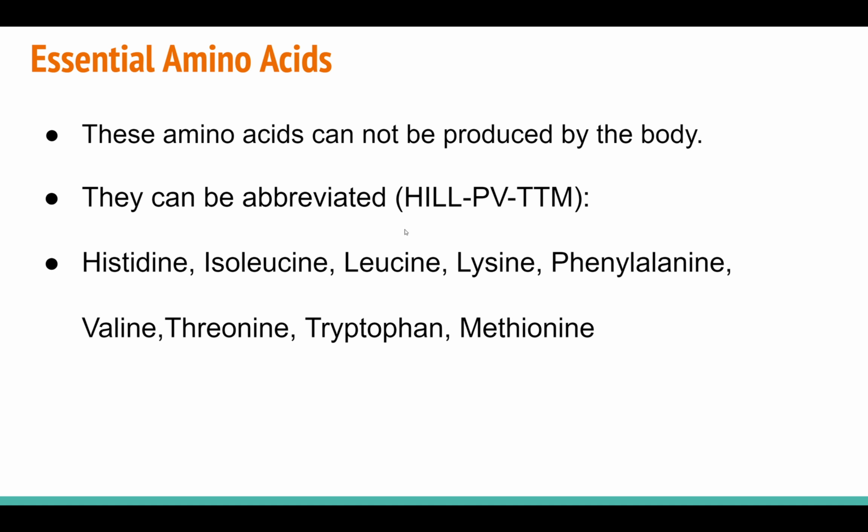So the abbreviation is HIL-PVTTM. HIL stands for histidine, isoleucine, leucine, and lysine. PV stands for phenylalanine and valine. And the TTM stands for threonine, tryptophan, and methionine.